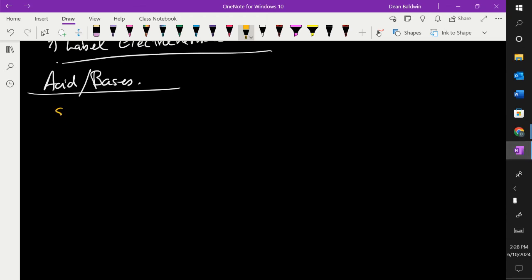What is the difference between a strong acid versus a weak acid? What does a strong acid do that a weak acid doesn't? Ionizes 100% or dissociates 100%?